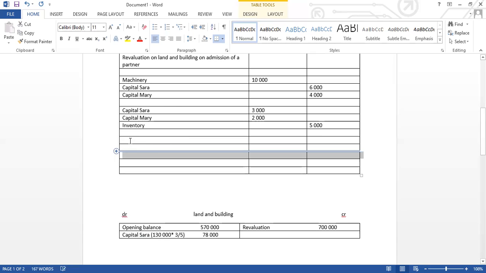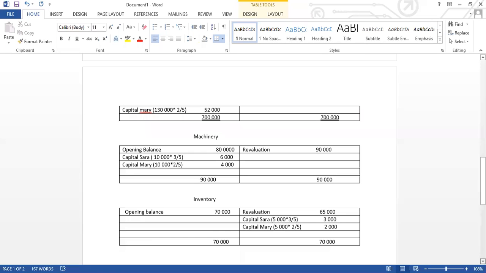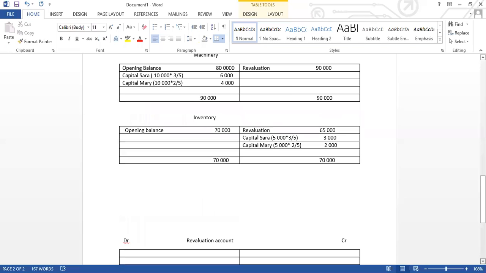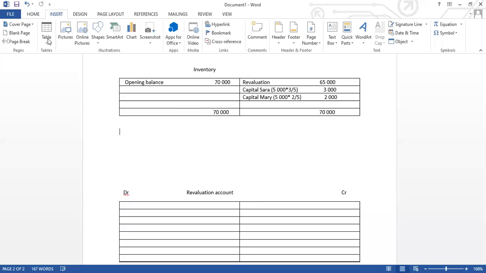So we move on to the next. What is our next asset there? The last one actually. We have accounts receivables.